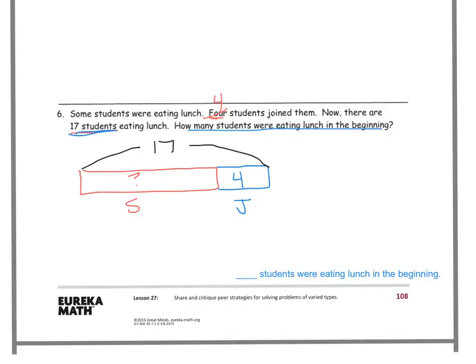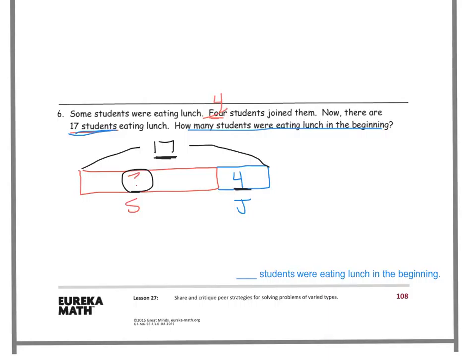And I can see that I'm given a whole amount now, so I know the whole measurement of my tape diagram, which is 17. And I have one of the parts, which is the 4 students who joined. I now need to find the other part, which is the students that were eating at the beginning.